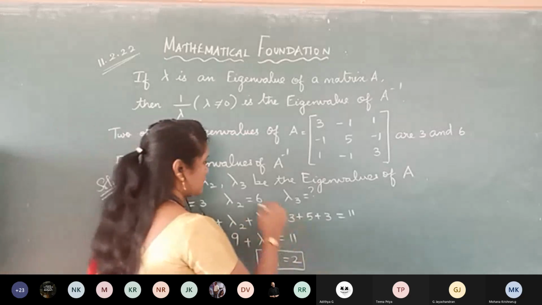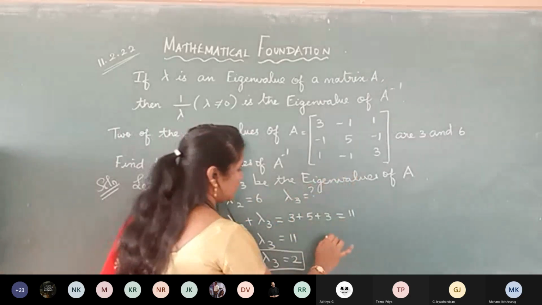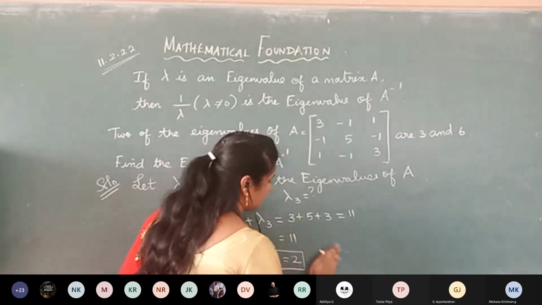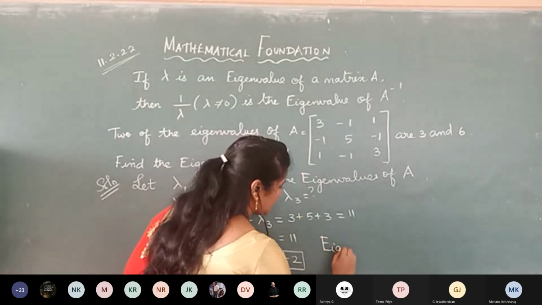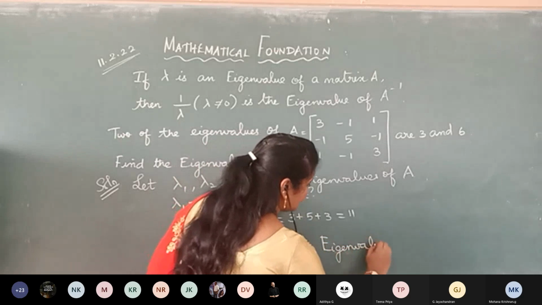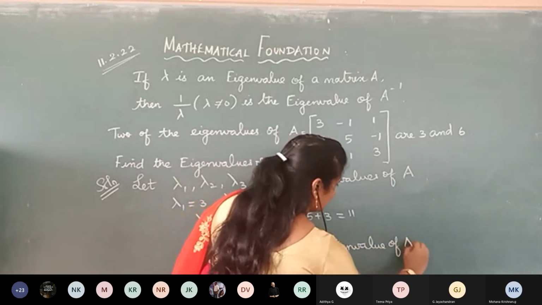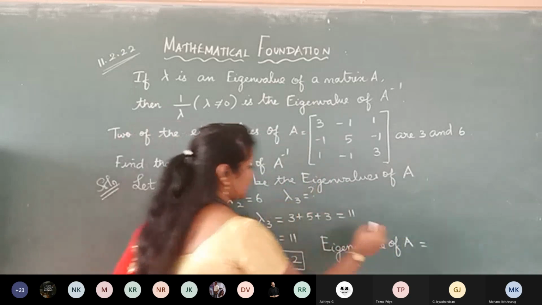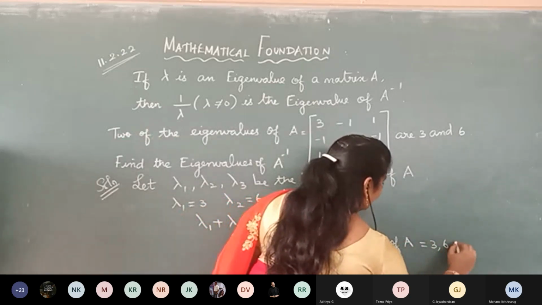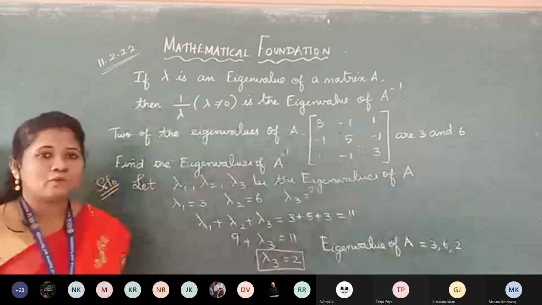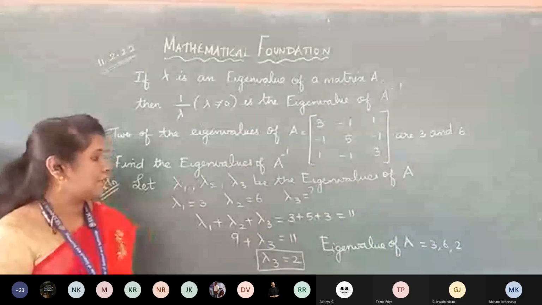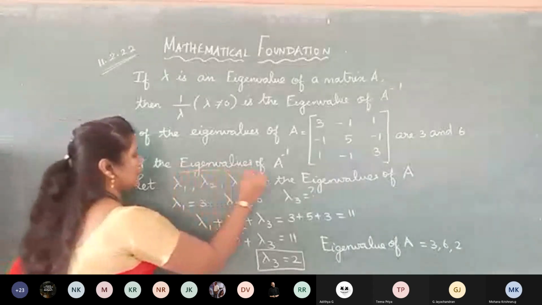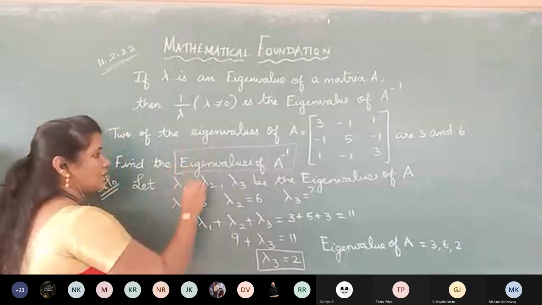So your eigenvalues of A are 3, 6, and 2. Okay, so that will be the eigenvalues for the given matrix A. But here they have asked you to find out the eigenvalues of A inverse.